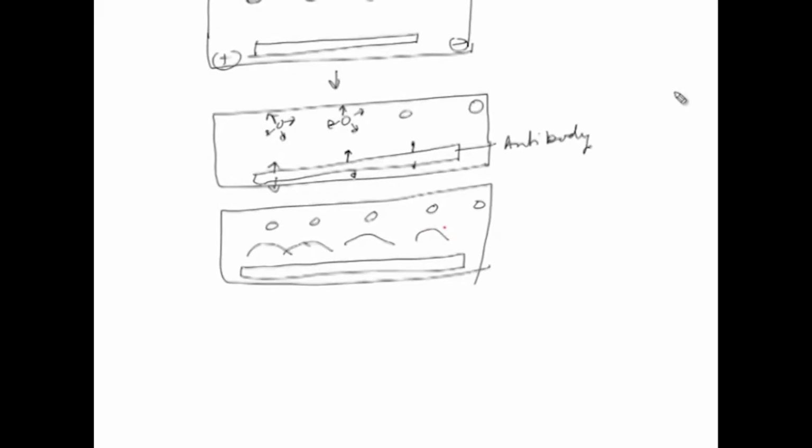So, if it is for identification, then you will be able to identify, because you will find only a precipitin line for that particular antigen sample you are looking for. So, this is a very simple qualitative immunoelectrophoresis. All right. So, that is how you can perform immunoelectrophoresis and identify or analyze the particular antigen.